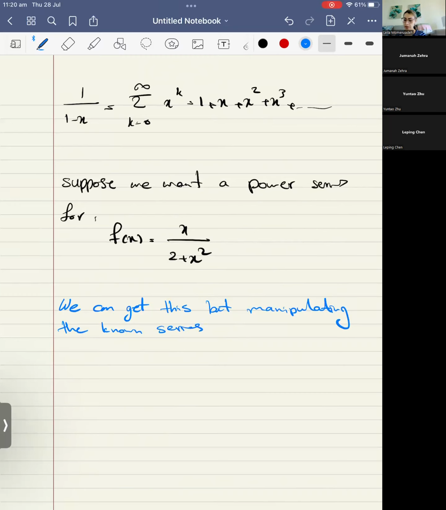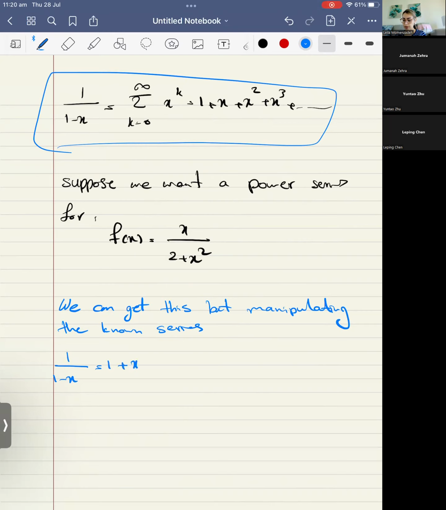Okay, what series do you have? I want to use this series. 1 over 1 minus x is equal to 1 plus x plus x to the power 2 plus x to the power 3 and so on.